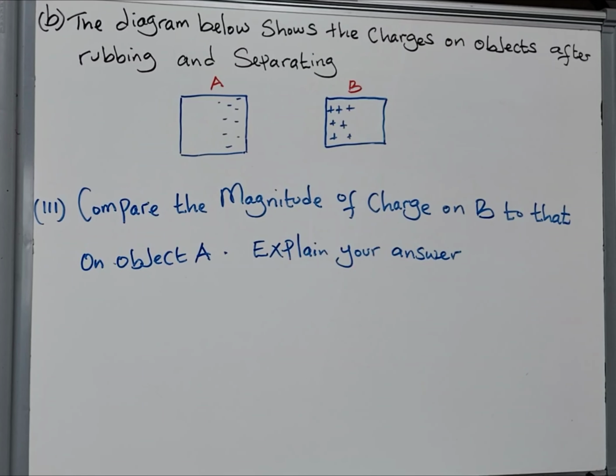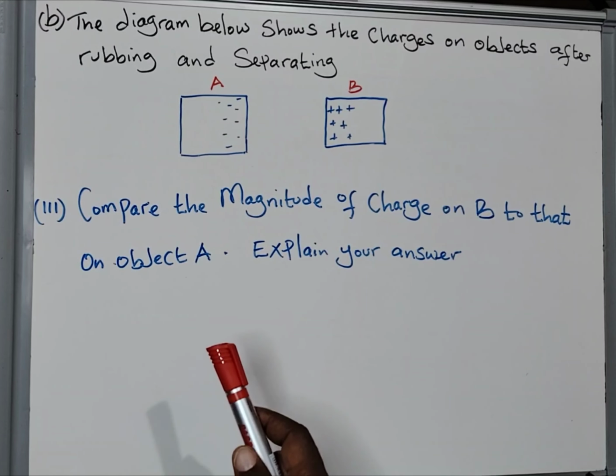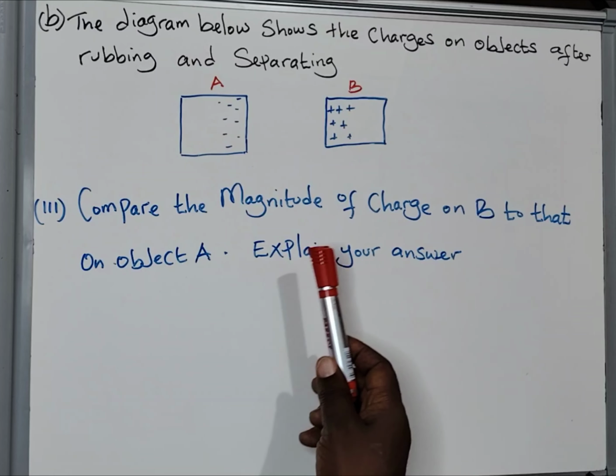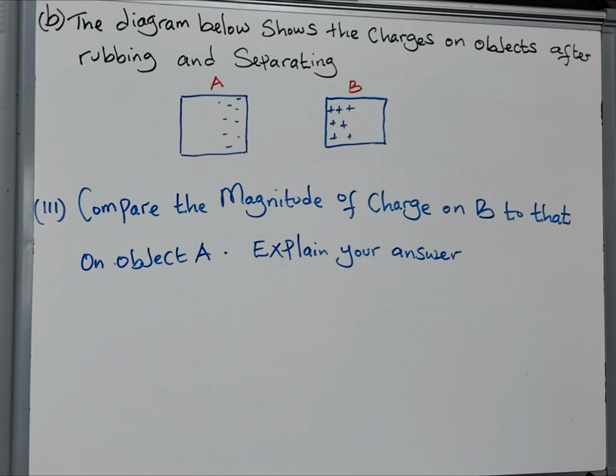So comes this one. It says that compare the magnitude of charge on B to that on object A. And they said explain your answer. Here they are talking about magnitude, not signs.